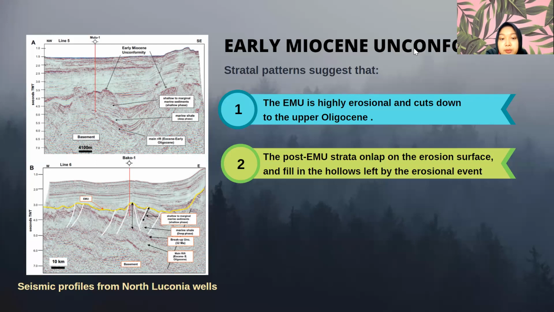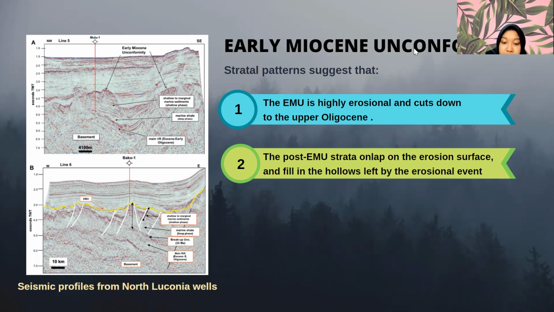Line 5 through the Mulu 1 well shows the internal character of the pre-EMU sequences, and line 6 across the Baker 1 well and biostratigraphy results show a transparent seismic facies above the top of syn-reef, the break-up unconformity 32 million years ago.